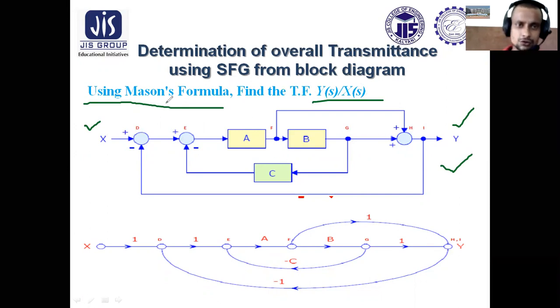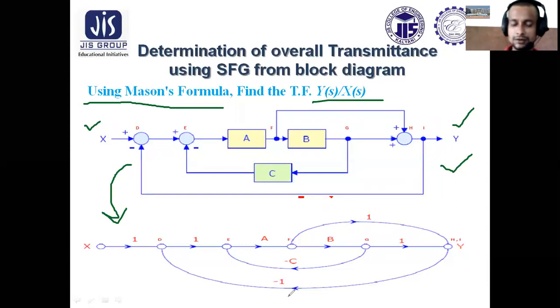As we are asked to obtain this transfer function using Mason's gain formula, we'll need to first convert the block diagram into SFG. Then from this SFG, we can apply Mason's gain formula to get the overall transmittance.